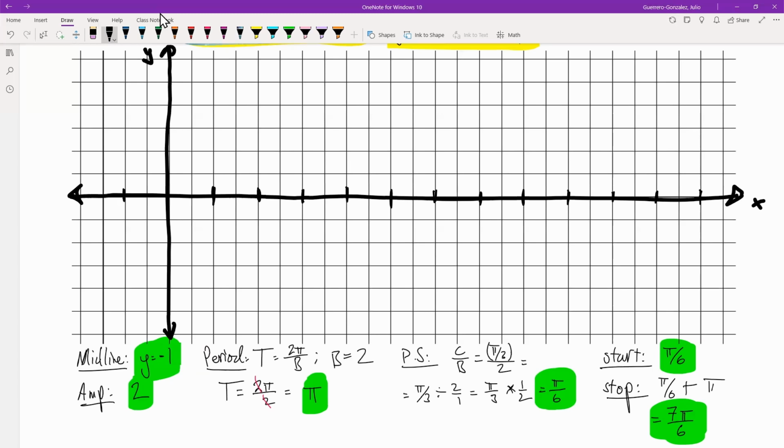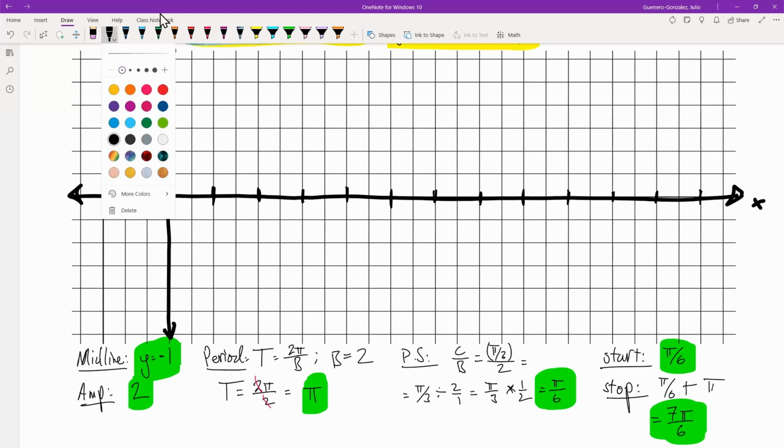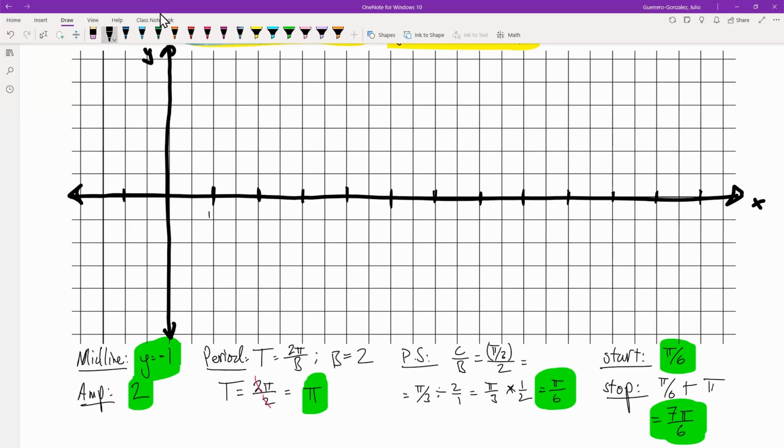Each one of these tick marks is going to be pi over 6. So pi over 6 here, 2 pi over 6, 3 pi over 6, 4 pi over 6, 5 pi over 6, 6 pi over 6, 7 pi over 6. Hopefully you guys see me counting these out. 8 pi, whoa, that's a nasty 8.